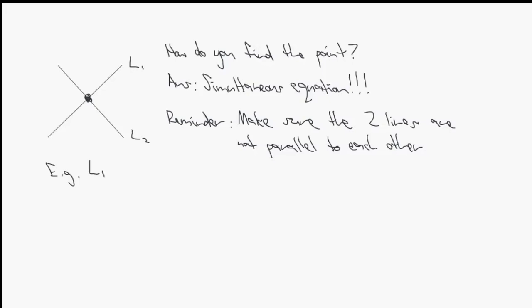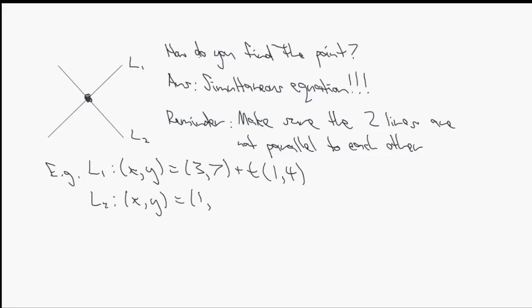L1, like just now, x and y, equals, let's say, 3, 7 plus t times 1, 4. And L2 can be 1, 5 plus s times 4, 10.